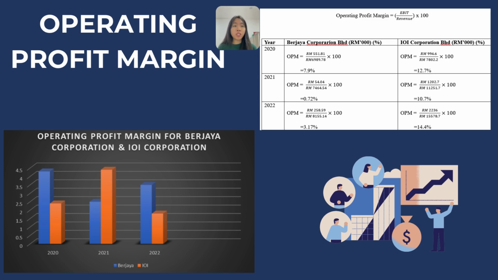In 2022, IOI maintained a higher operating profit margin, 14.4% compared to Berjaya 3.17%. IOI consistently had a higher operating profit margin than Berjaya across all 3 years, the company earning more per dollar of sales.